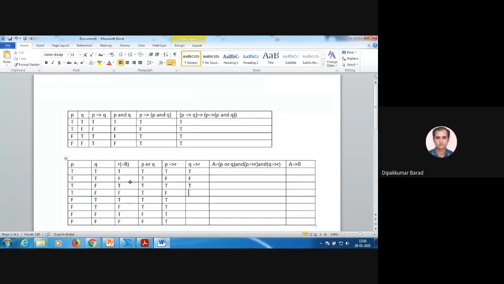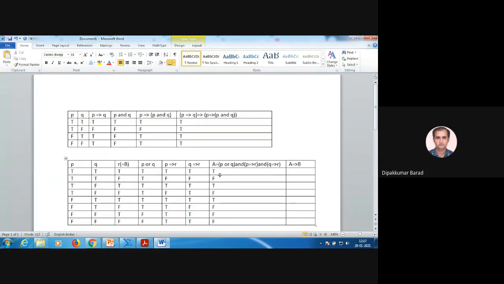F implies T, it means T. F implies F, T; T implies T, T; T implies F, F; F implies T, T; and F implies F, T. Now we have P or Q and P implies R and Q implies R, and if all three are true, then we get true. Now then we have false, true, false, true, false, false, false.